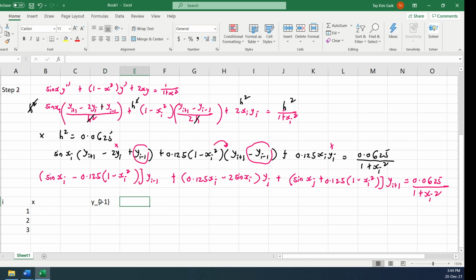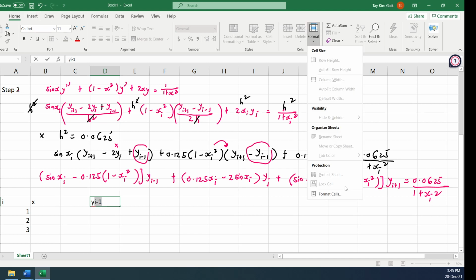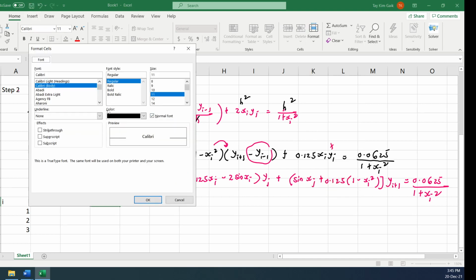If you don't want to type y_{i-1} directly, you can select the i minus 1, and then format the cell as subscript.